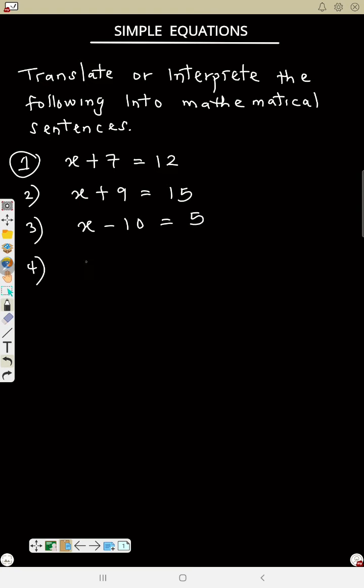Number 4, a minus 5 is equals to 17. Remember, I told you any number can come first. Number 5, 3x plus 5 is equals to 17.